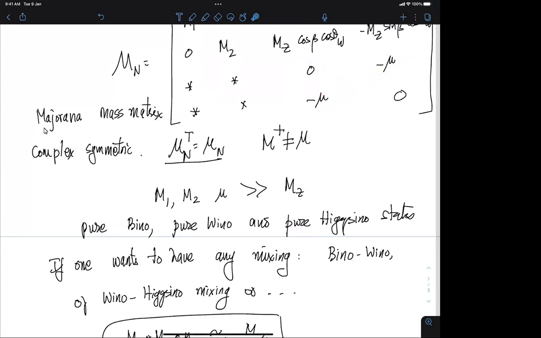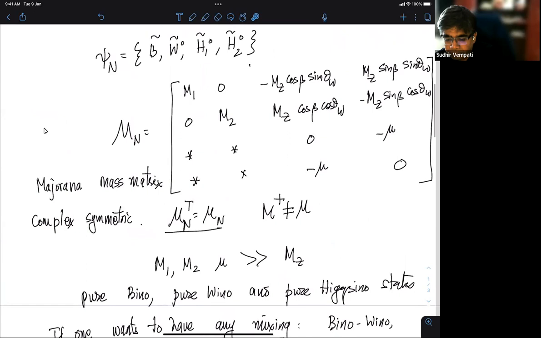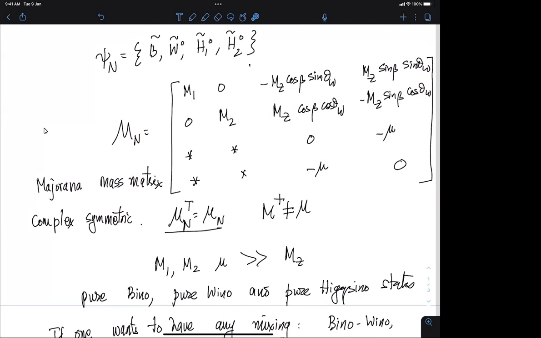And in order to have a mixing, will beta or tan beta also play a role, or is it only Mz? See, for example, cos beta goes roughly as 1 by tan beta.